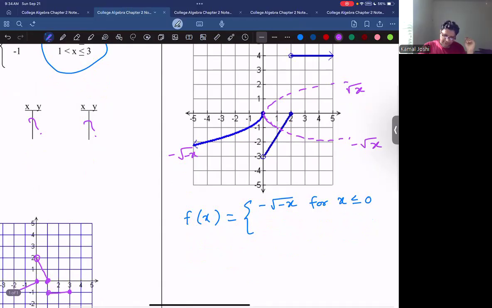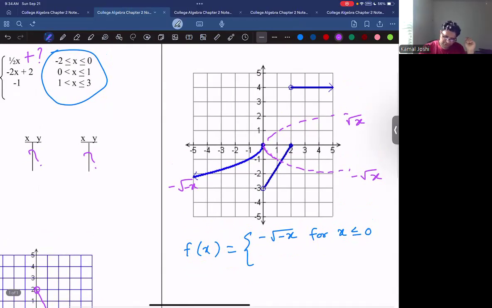All right. And then between 0 and 2, what is happening? The slope here is 3 and 2. So the slope is 3 over 2, rise over run. Both are positive, right and up. So the slope is 3 over 2 x, and the y-intercept is -3.